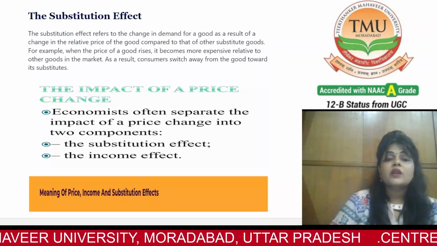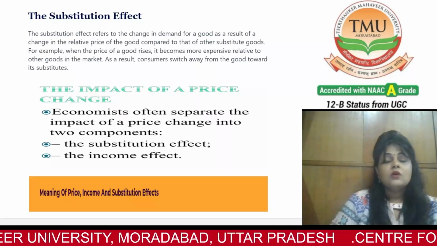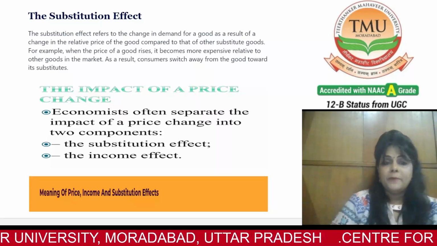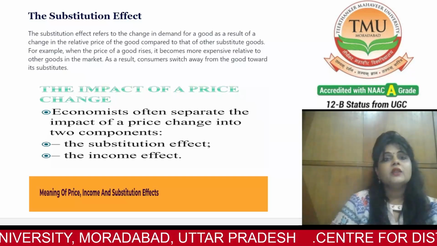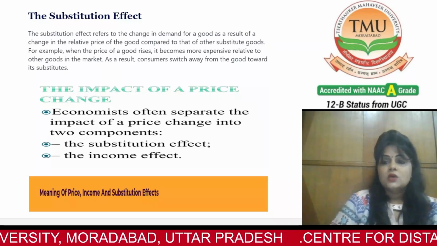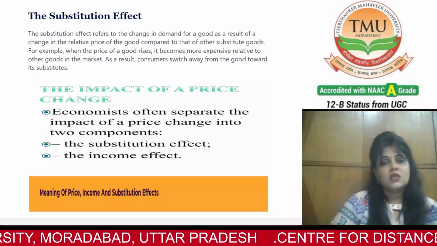The effect of the relative price change is called the substitution effect, while the effect due to income having been freed up is called the income effect. In this video, we also discuss both, the impact of a price change.